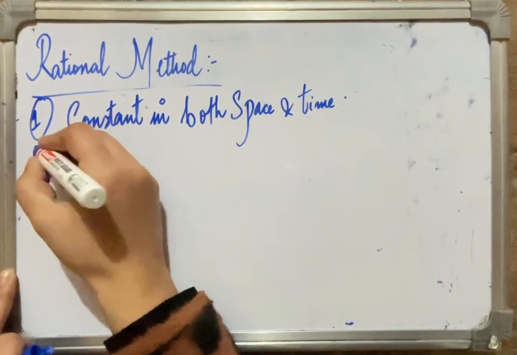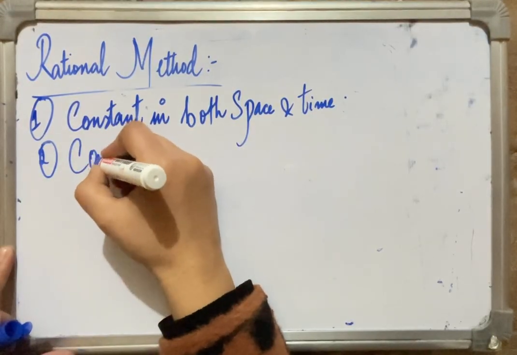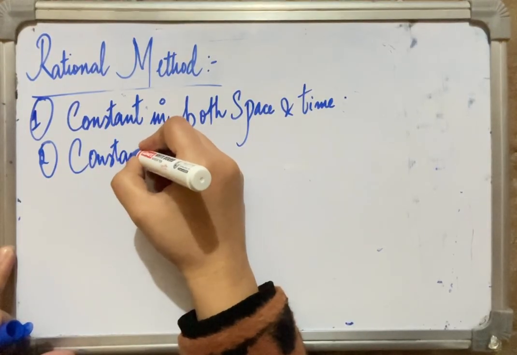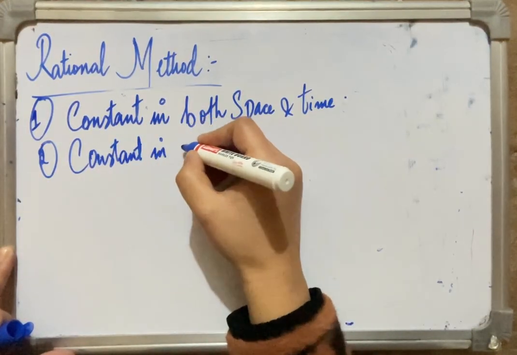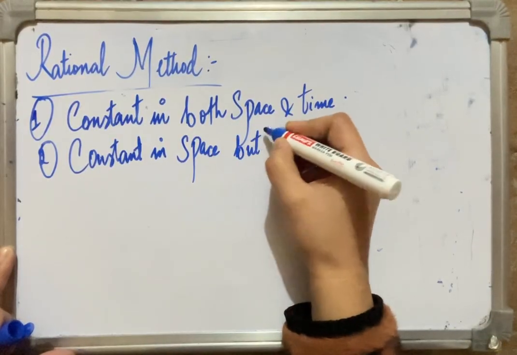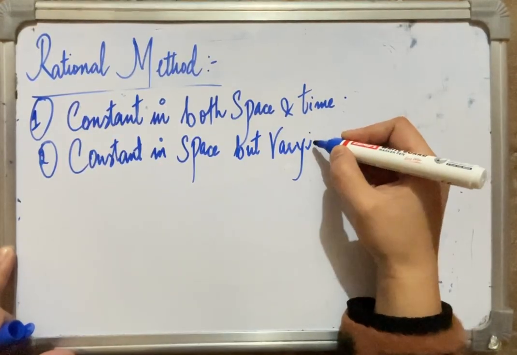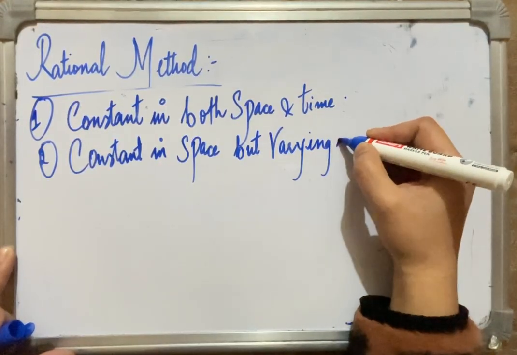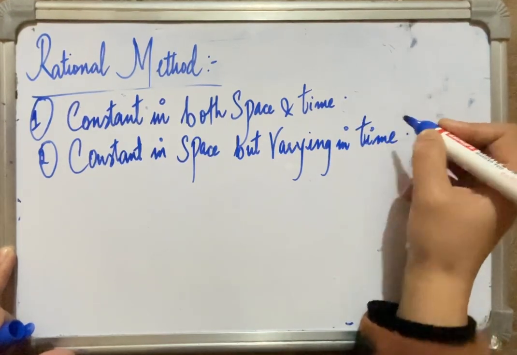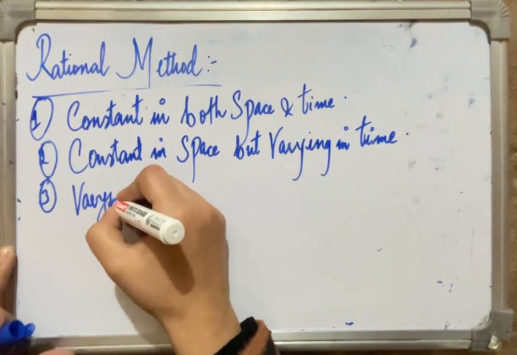Second, constant in space but varying in time. And the third one, varying in both space and time.